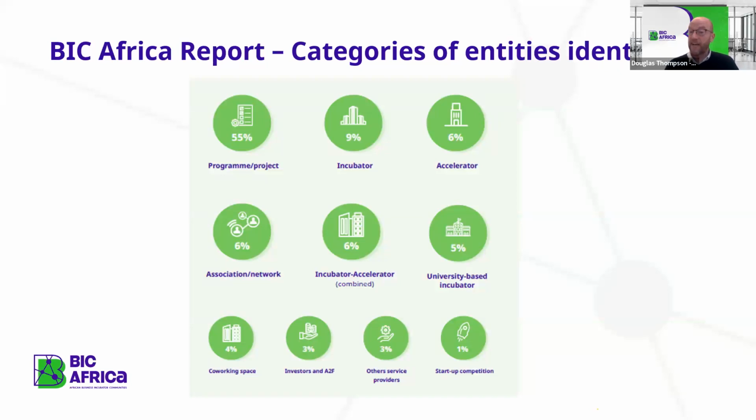Fantastic. Thank you so much. I really appreciate the question. Please do keep them coming. This is of course explained further in the report. When we're talking about percentages, we're talking about a percentage of the 393 elements that were identified.